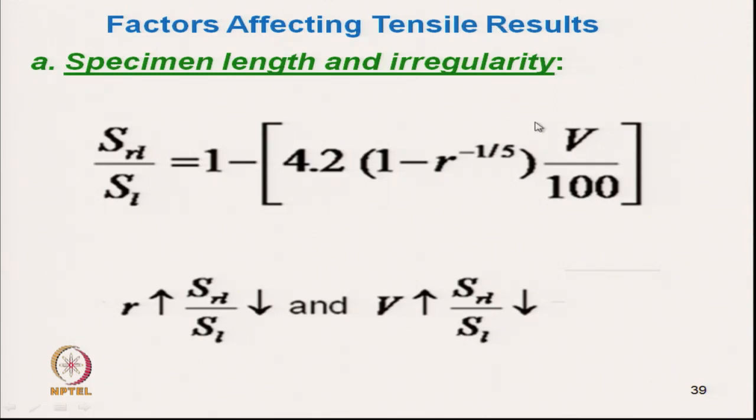So, with the increase in irregularity and the specimen length, this SRL by SL actually reduces. That means we get lower strength with the increase in the gauge length and with the increase in the variability.